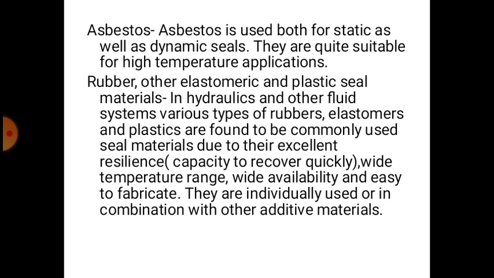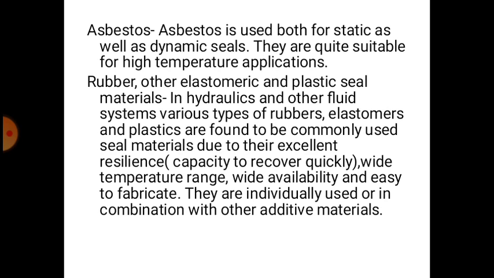So these are easy to fabricate and widely available. At high temperatures as well as low temperatures they are able to perform, and they recover quickly. That's why rubber or other elastomeric and plastic seals are used.